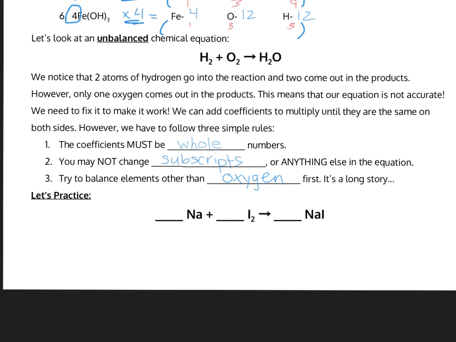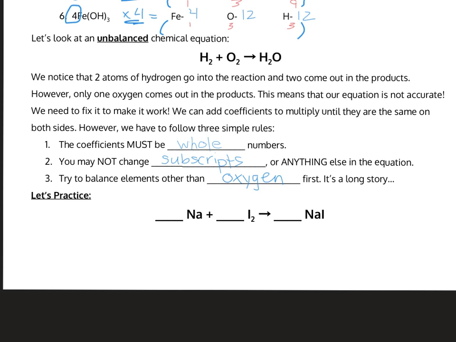Okay, so here's how you do this. In order to make sure that you're not going against any sort of laws, you are going to make sure that the coefficients you use to multiply children or atoms have to be whole numbers. You can't be multiplying by half a child or half an atom, half a molecule. It doesn't work like that.